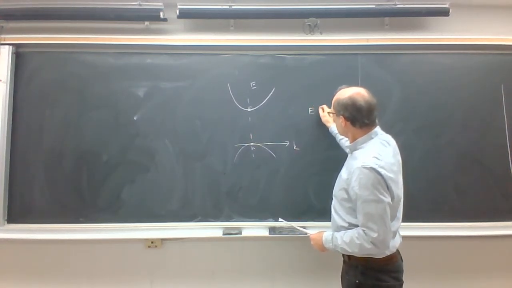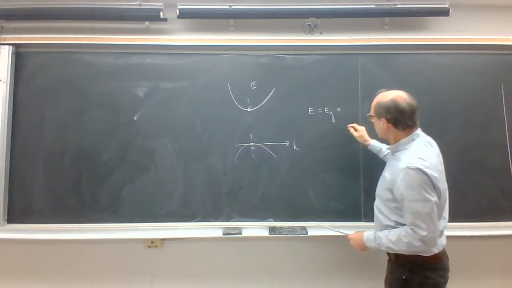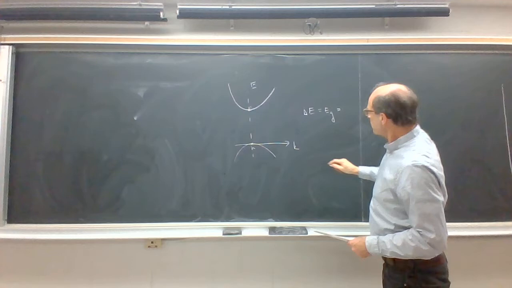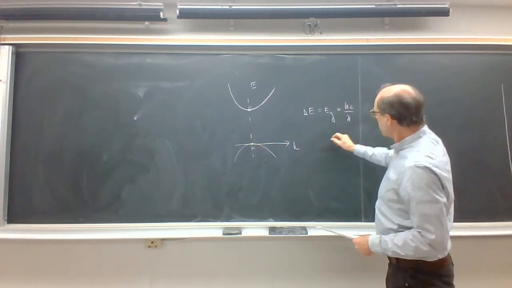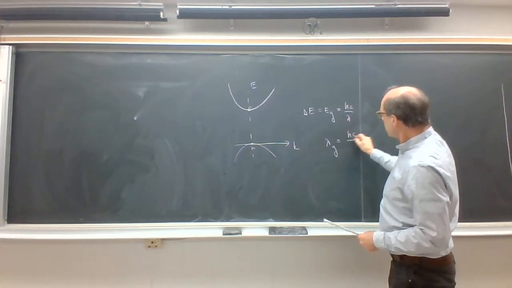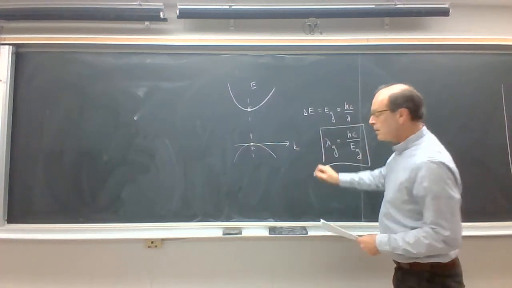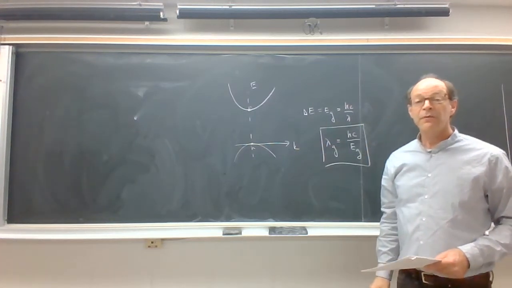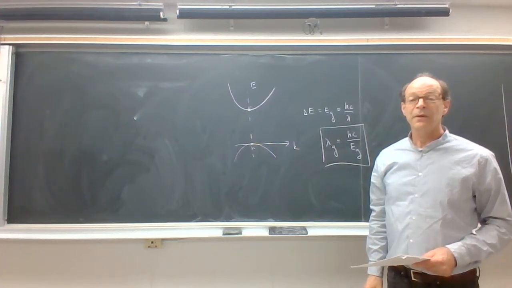And in that case, E equals EG, or delta E equals EG, equals hc over lambda. And so therefore lambda G equals hc over EG. So that becomes the expected wavelength of the emission of a photon from that transition.